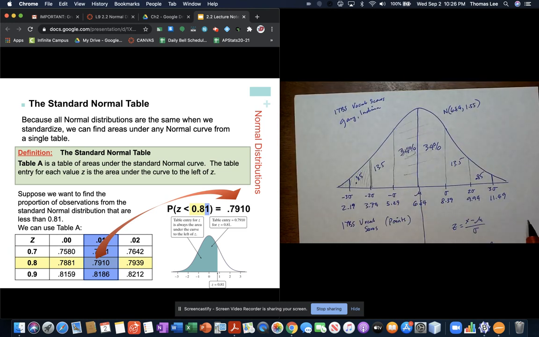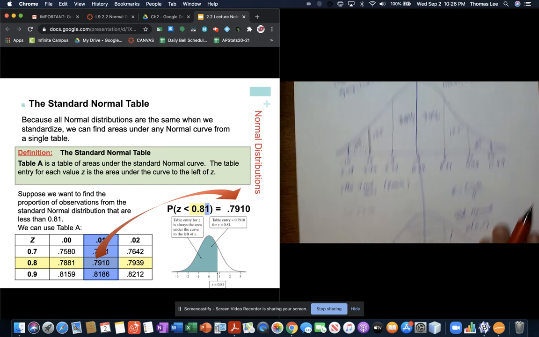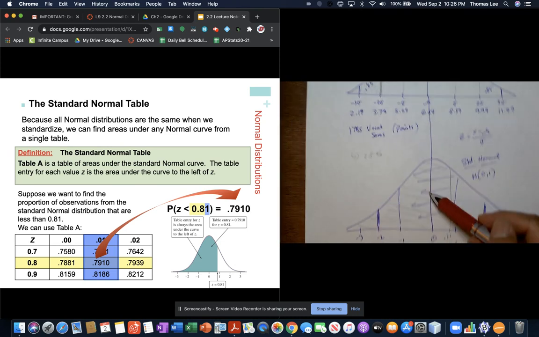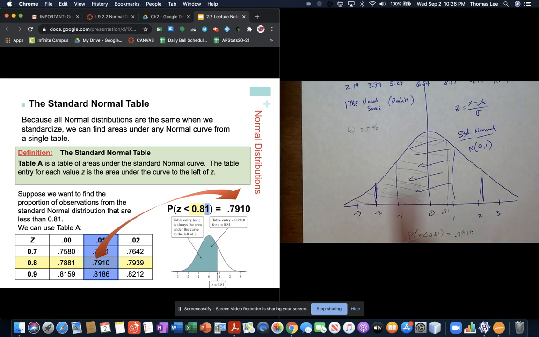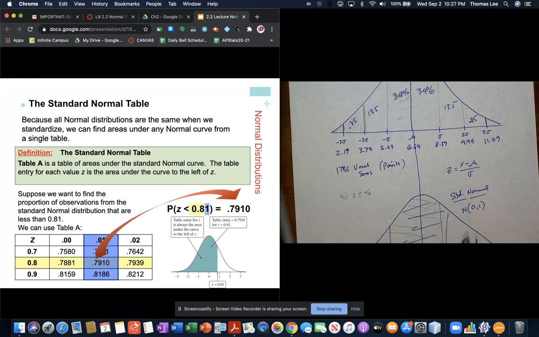Yes, you can. But the way we teach calculations with the normal model is we take the raw data, then we standardize it. We do the linear transformation to standardize all the data, and then we use Table A, the standard normal table. So you have to standardize first and then use Table A. The calculator can do all that in a split second.